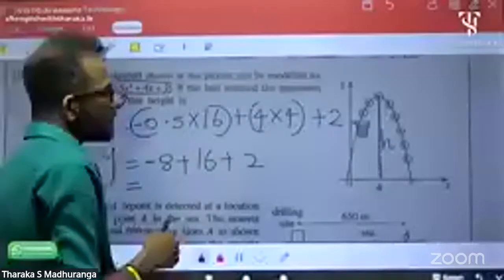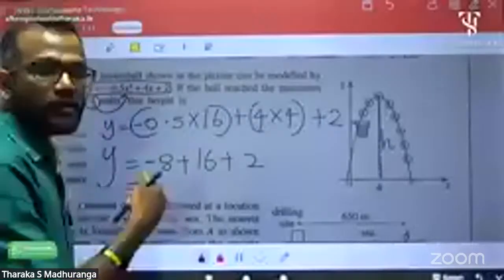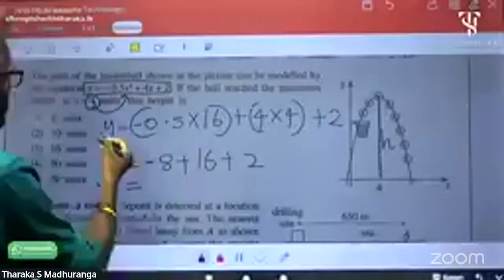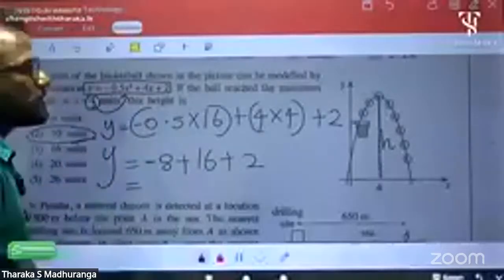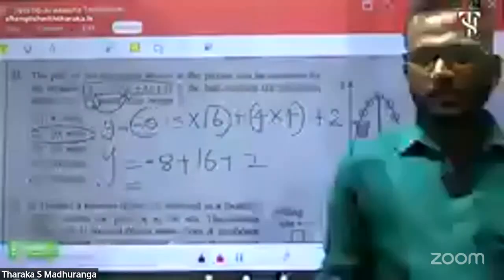Minus 8 plus 16 is plus 8, plus 8 plus 2 is 10. Ten units is the height.